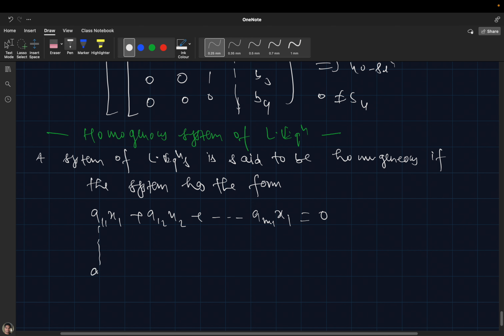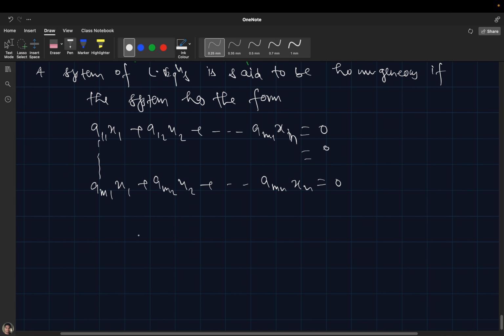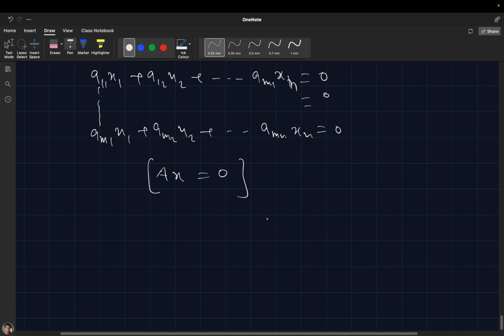And similarly, am1 x1 plus am2 x2 plus dot dot amn xn equal to 0. So in matrix form you can write Ax equal to 0. So this is called homogeneous.